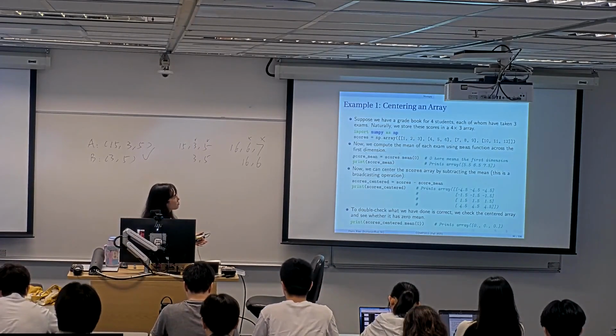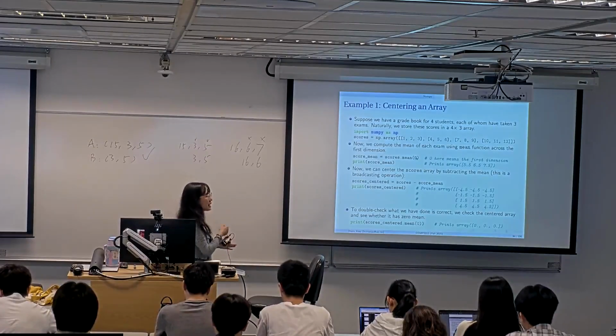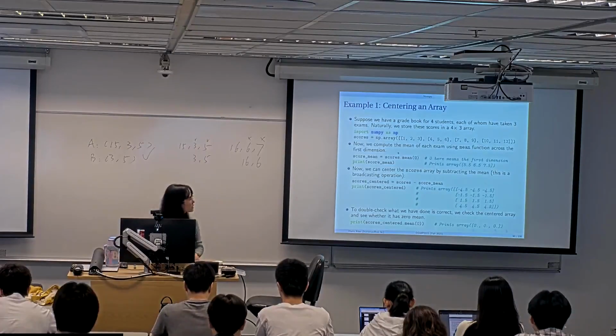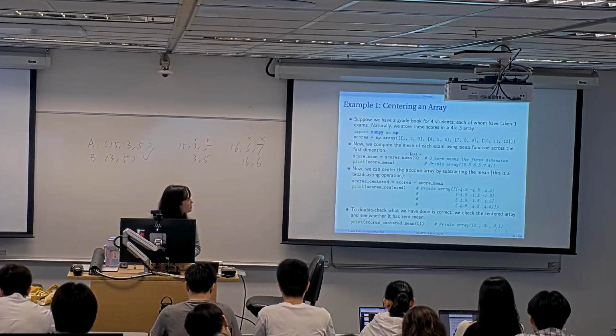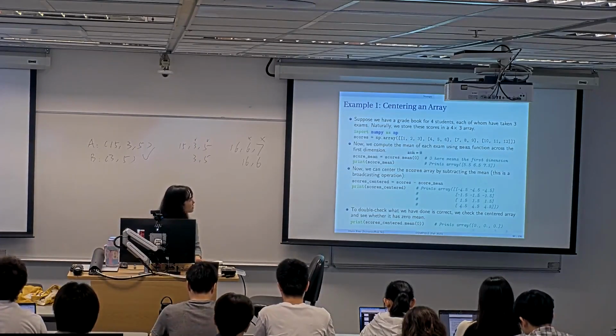So let score mean be scores.mean(0). And recall what is this 0? 0 means that we pass the parameter axis equal to 0 here, right? So here we omit the keyword argument, but actually this 0 means axis equals 0.